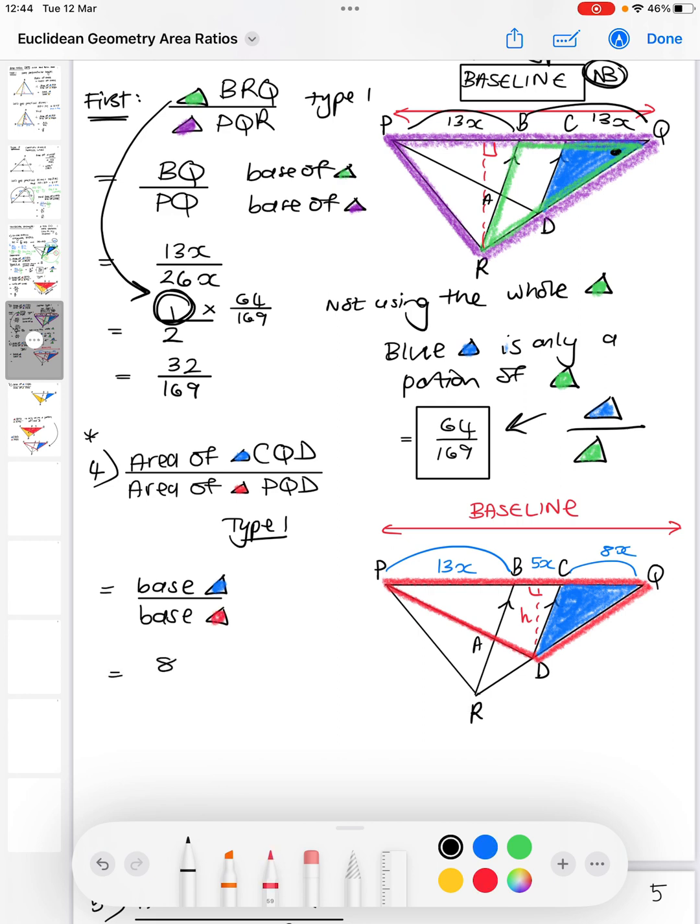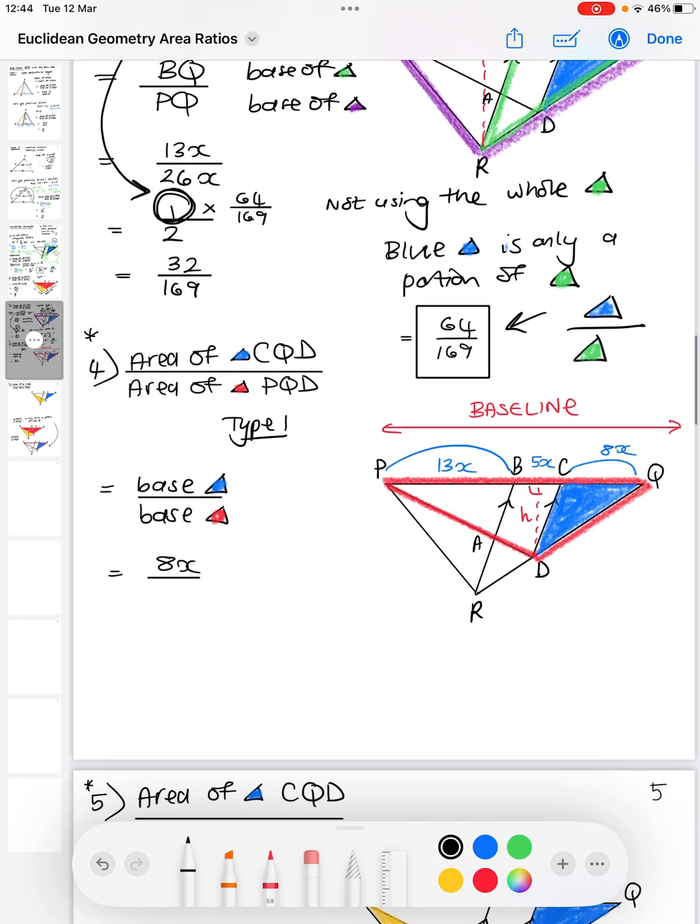Base of blue is 8x. Base of red is the 13 plus the 5 plus the 8, which is 26. We worked with that just before. And if you simplify, you will get 4 over 13. So because they share a common height, their areas can be reduced to the ratios of their bases as long as they share a common height.